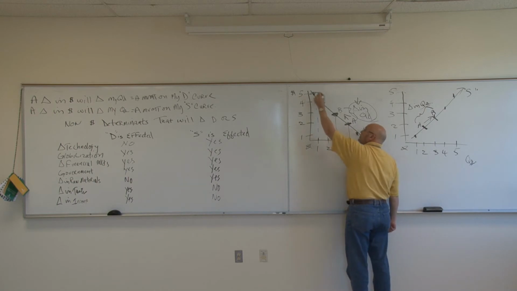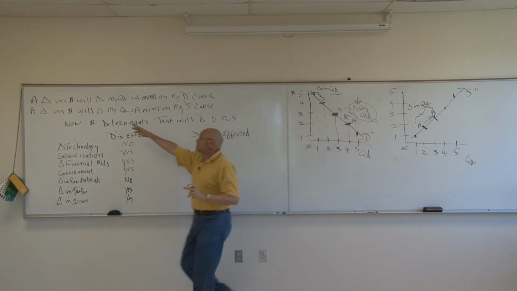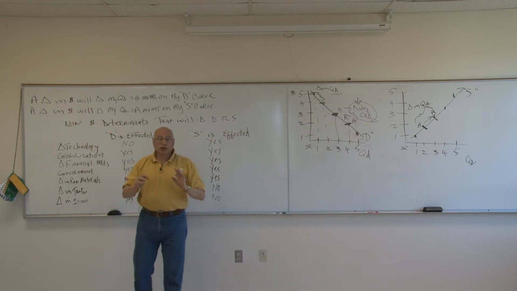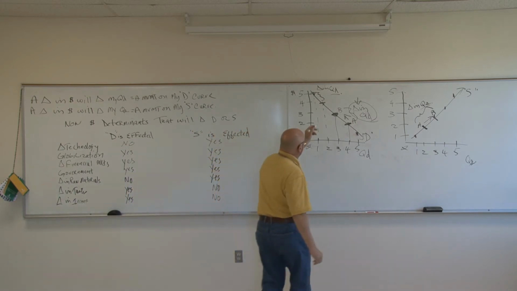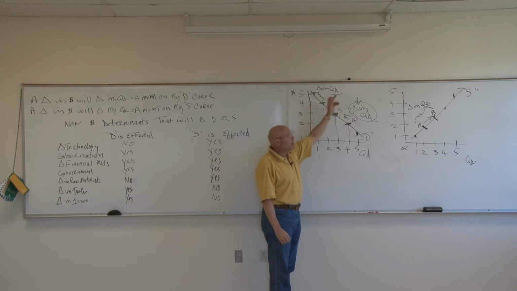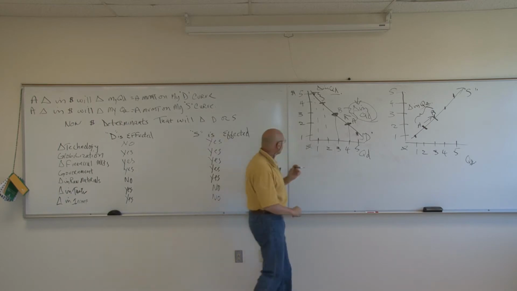This is the same thing, a change in quantity demanded caused by a change in price. So the only thing that price changes is my quantity demanded, which is a movement along my existing demand curve. The demand curve does not move.